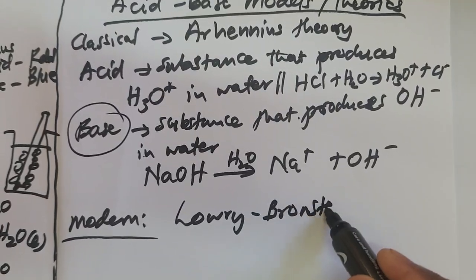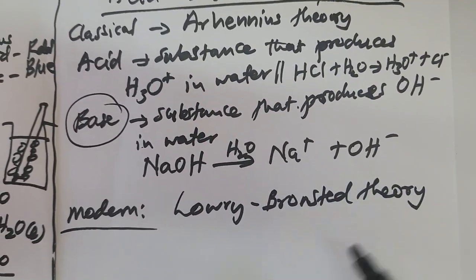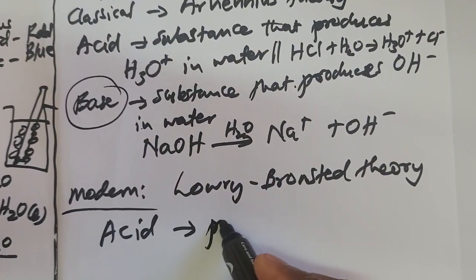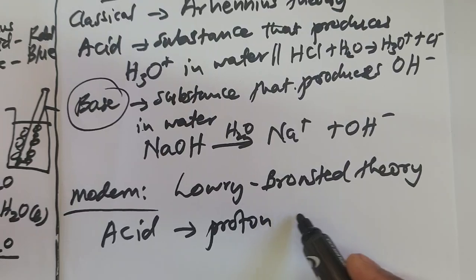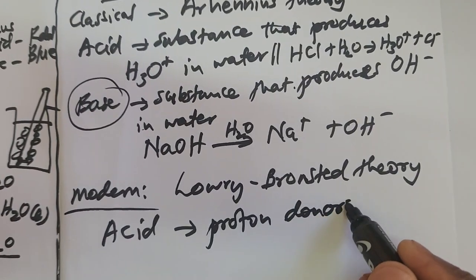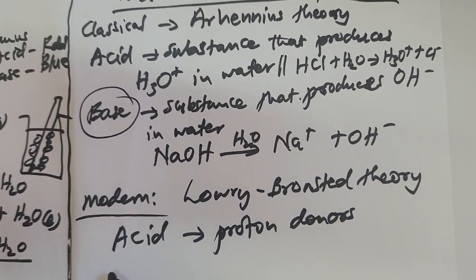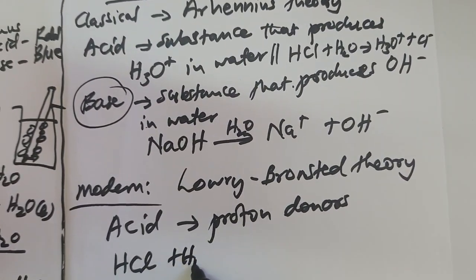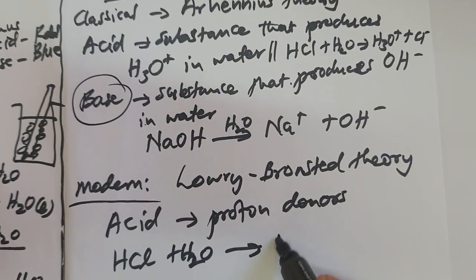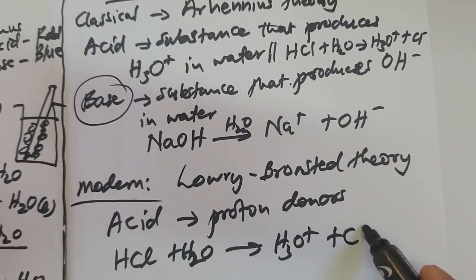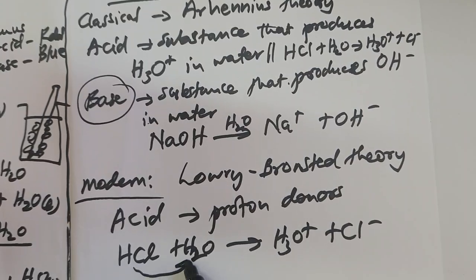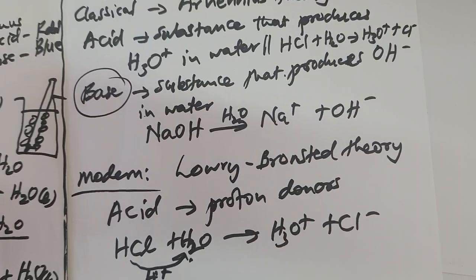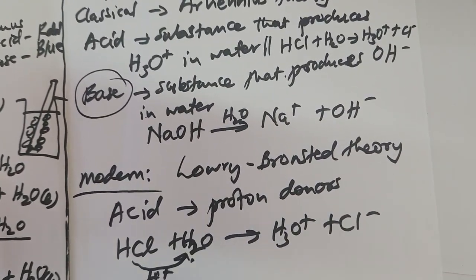They came up with a new version to say all acids donate protons, therefore they are called proton donors. If I've got HCl plus water, it will form hydronium ion plus Cl minus. The H plus moves from here to here, and the H plus is a proton. Therefore the acid donated a proton to water so that water can form this.